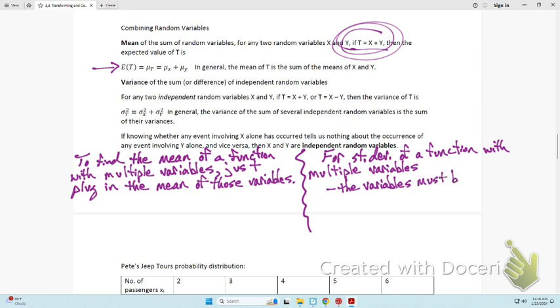Must be independent. Also, you have to get the variance, then add the two, or however many you have, get them together, then you have the variance of the whole function, and then square root. So square each standard deviation, add, combine, whatever, then square root.